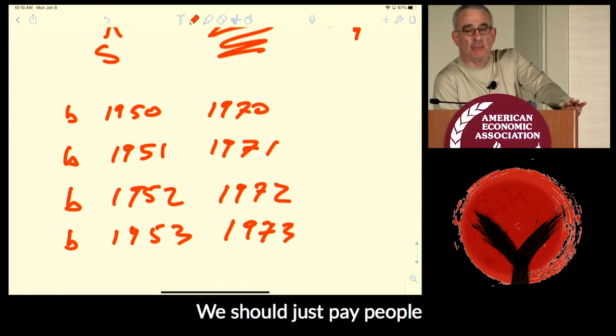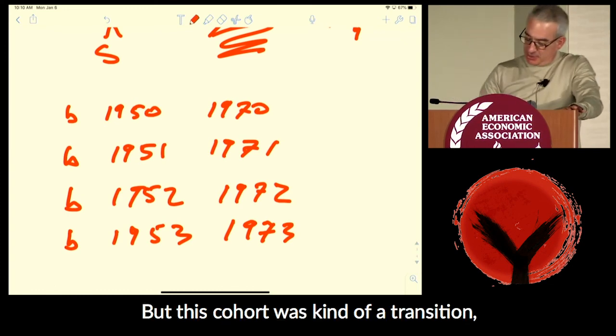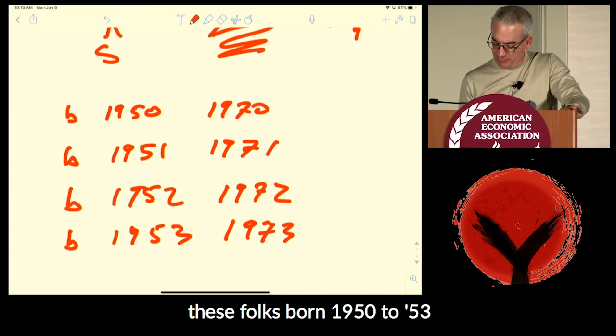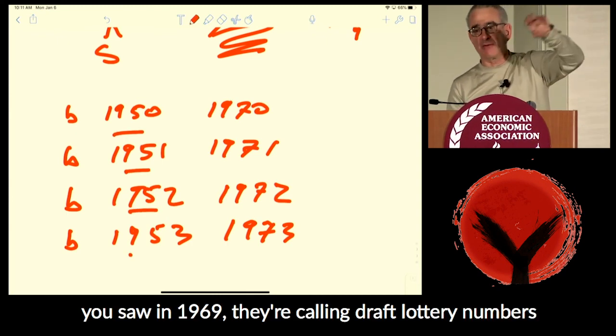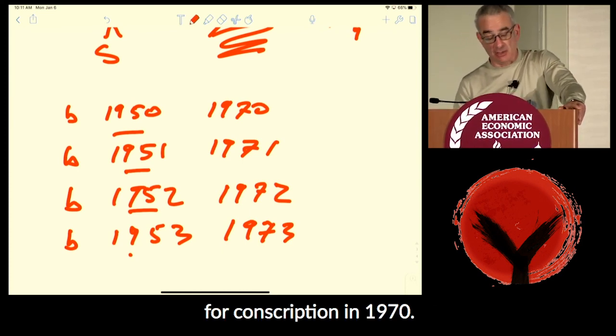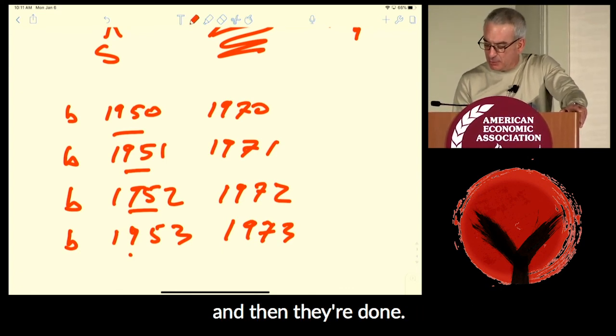We should just pay people. And they started doing that in 1973. But this cohort, born 1950 to 53, was kind of a transition. And the way that it worked is, you saw in 1969, they're calling draft lottery numbers for conscription in 1970. So then they call up to a particular number, and then they're done.